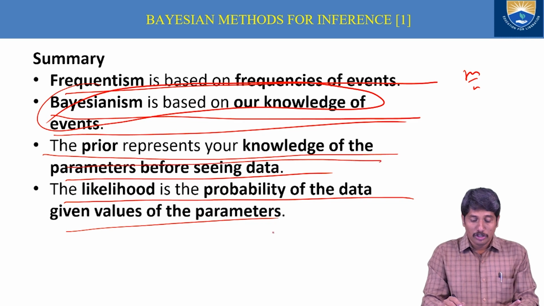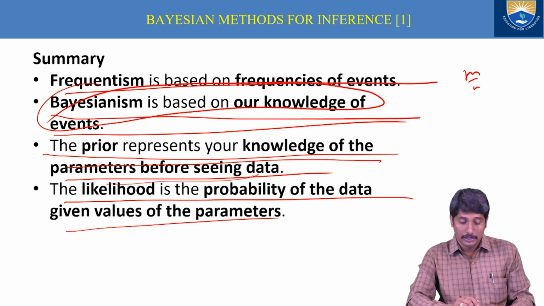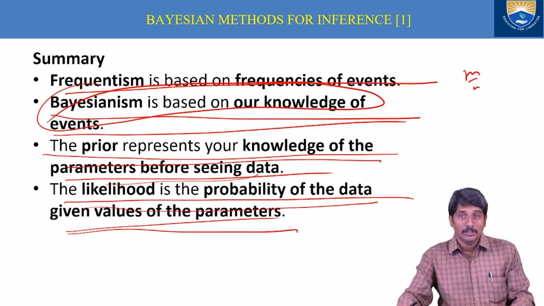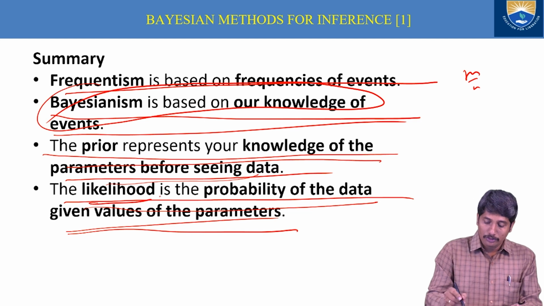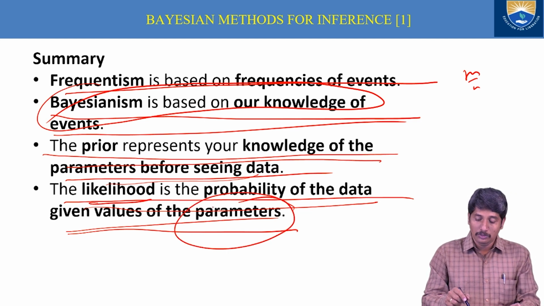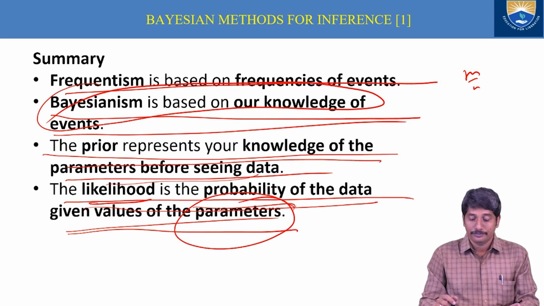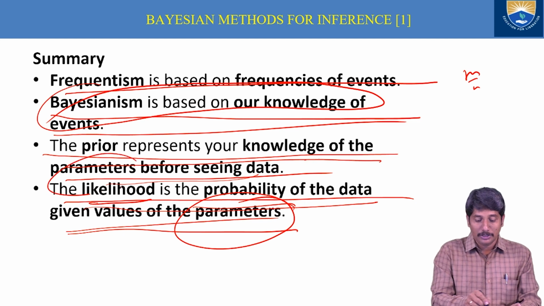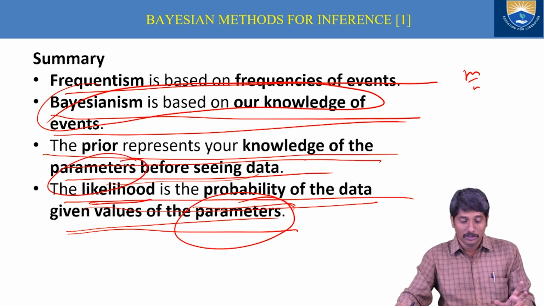In the likelihood, you assume the parameter has some value and try to find the probability of the data. In the prior, you find the probability assuming the parameter is known. Those are the differences.